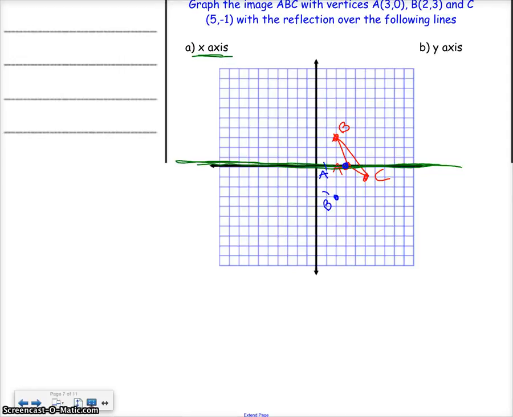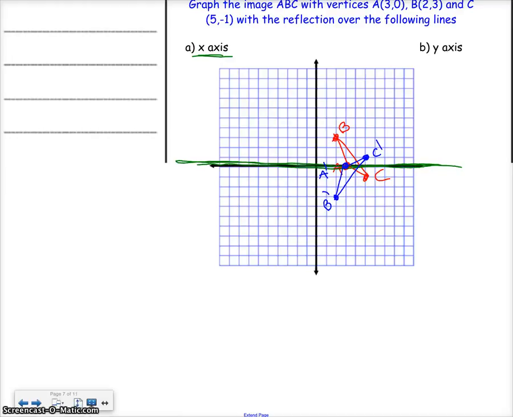There's B prime. And then how far away is C from the x-axis? 1. C prime is 1 away the opposite direction. So here is my reflected image. Imagine reflecting it if your eyes let you do that kind of stuff. So there's that one.